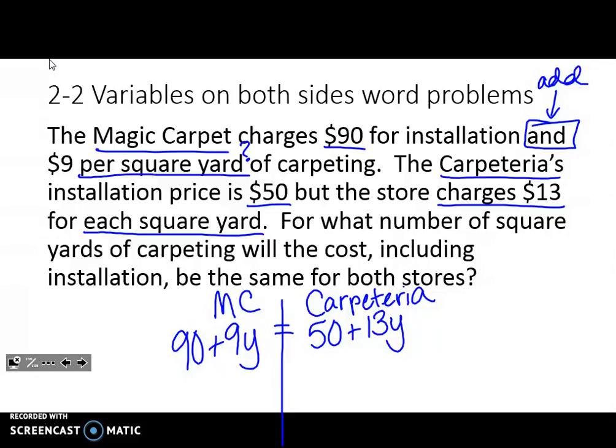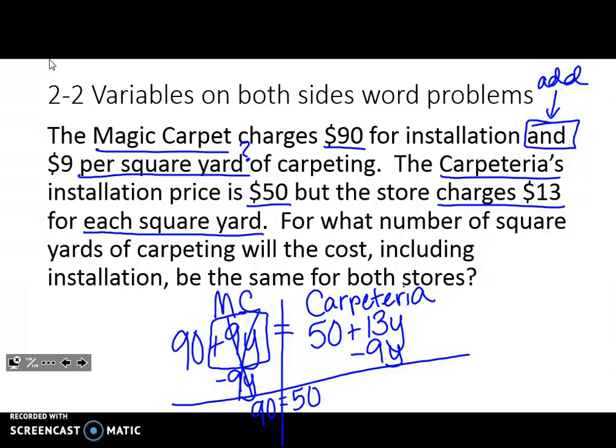Remember, guys, it's always easiest to move the smaller set of variables to the larger set. So we're going to subtract that 9y. So I have 90 equals 50. 13 minus 9 is a positive 4y.